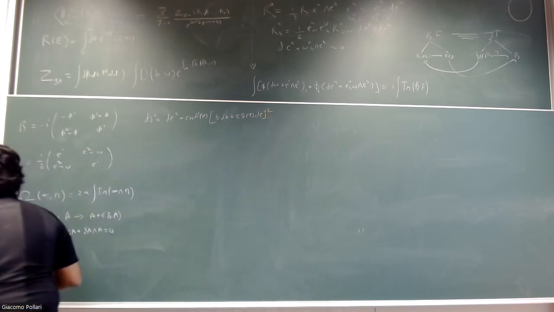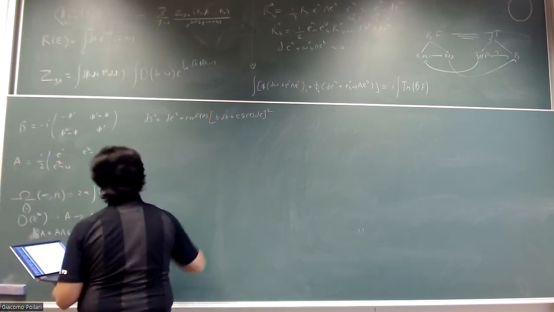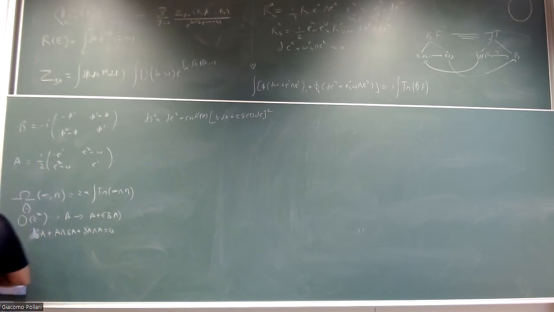What I have written, T is the trace and B is the genus and the connection that we know from before.